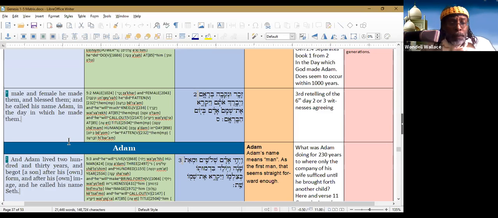Also, since we're going there, I doubt that one person wrote this 3 different times. I'm more likely to believe that chapter 1 was one author, chapter 2 was another author, chapter 5 is another completely different author.